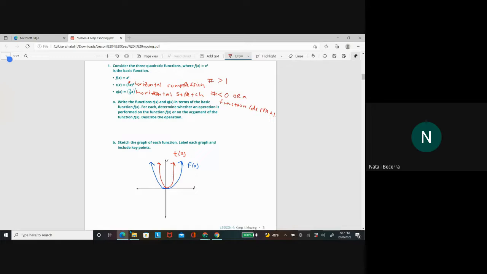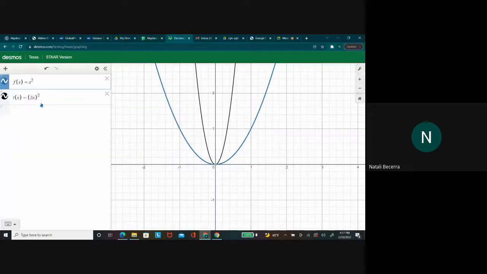So anytime you see a fraction or a decimal, that means the number is less than 1, and that's going to be a horizontal stretch whenever it's inside of the parentheses. So horizontal stretch is whenever it actually becomes wider.